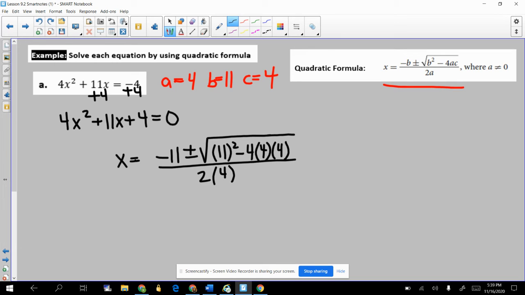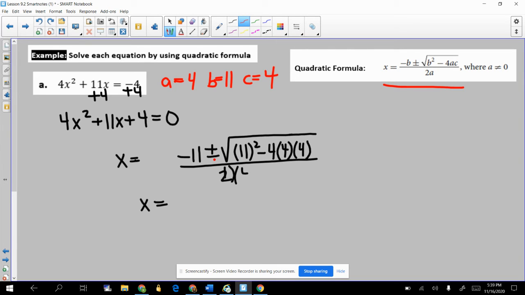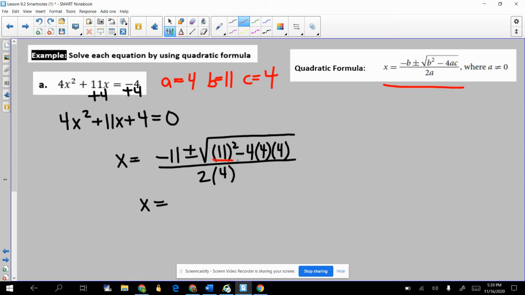So now what we want to do is, as I mentioned, do what's under the radical first. So we would literally just plug all of this into our calculator. So you would do, with the parentheses, 11 squared minus 4 times 4 times 4. Okay?